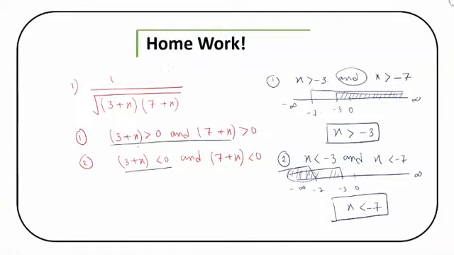So what will be the domain? Domain of this function can be written as: all the x values which belong to the real numbers such that x is greater than minus 3 and x is less than minus 7.